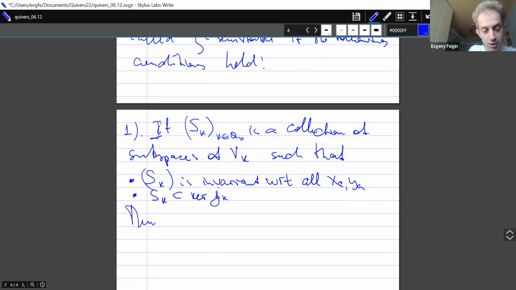Then psi of dimension S is less than or equal to 0. So what does the condition say?